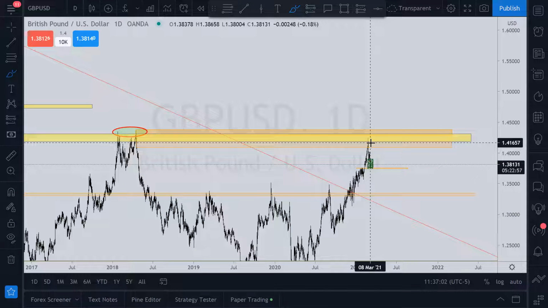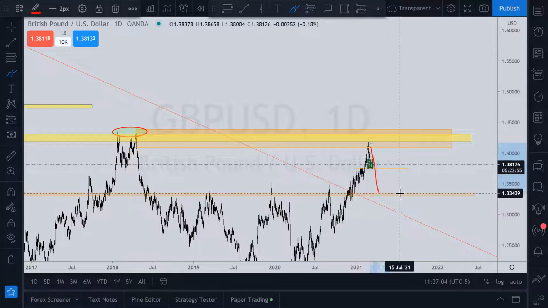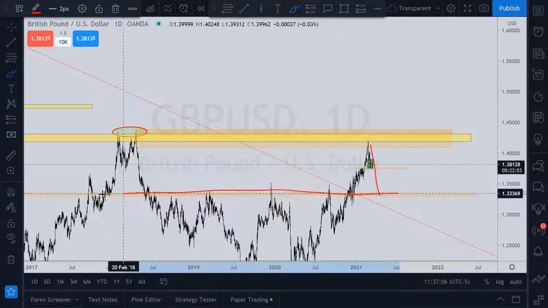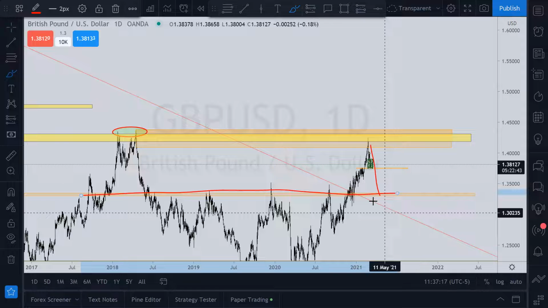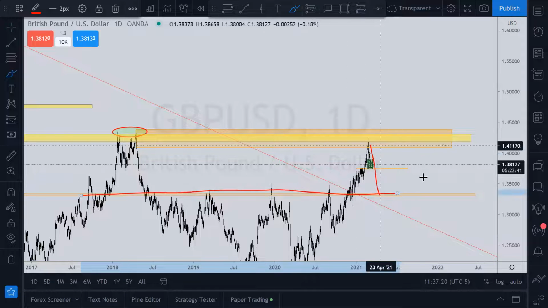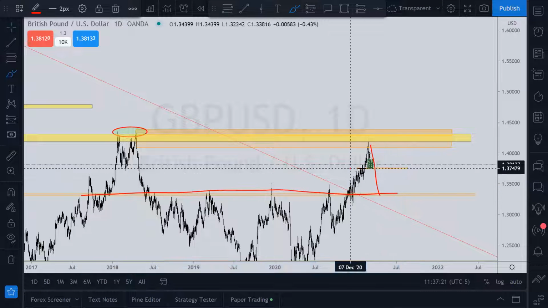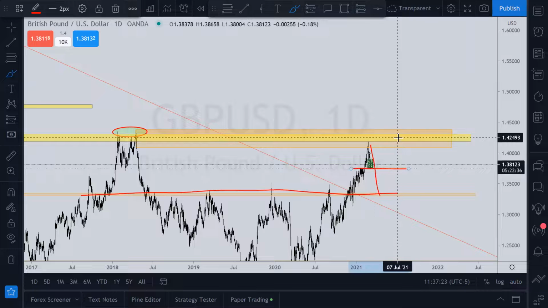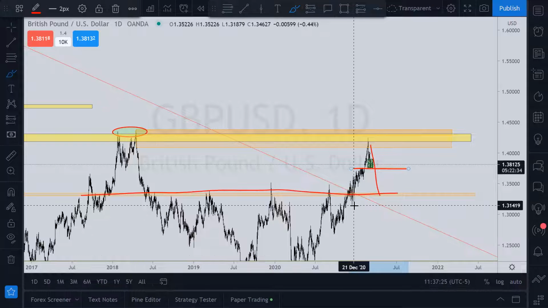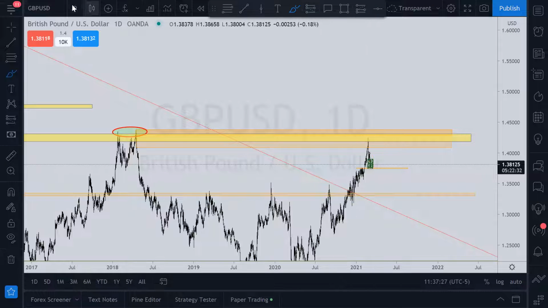And that will put us right around this area here, which I've marked out as a clear area of support on this time frame. We might find something here that might turn price around. Let's take a closer look on the lower time frame.